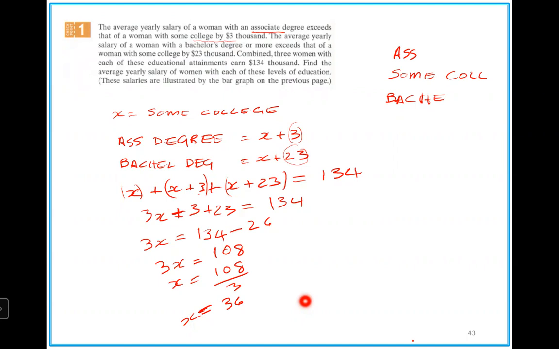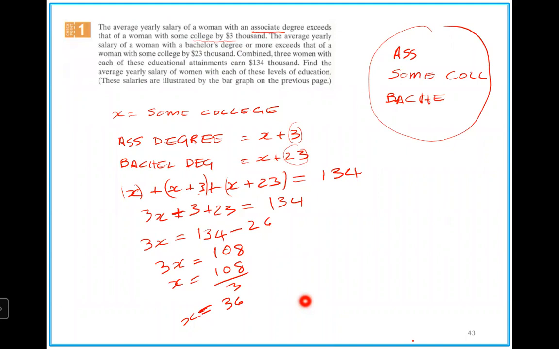Or what can we conclude from there? That's the average yearly salary of each woman. Which one of them? Remember, we have three categories: some college, associate, bachelor's.